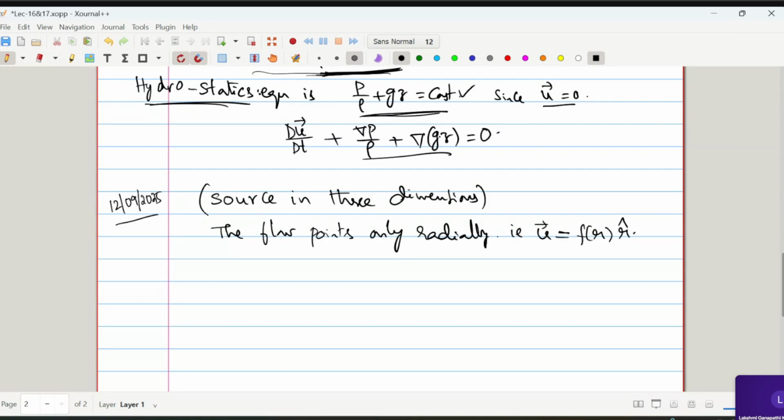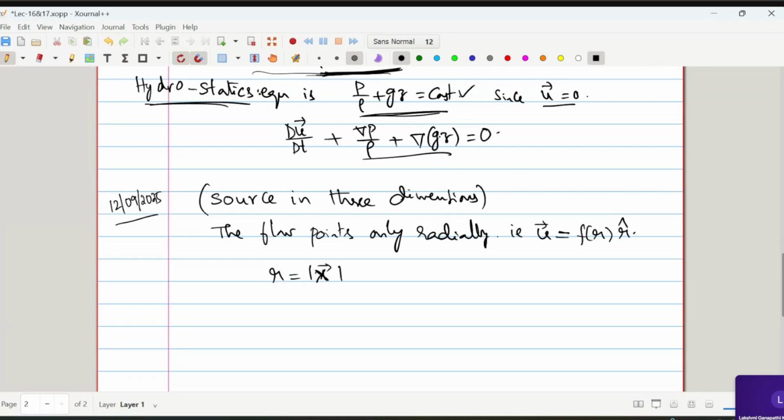The source we are considering is at the origin. Otherwise, if the source is at some other fixed point, you have to write f of mod x minus that point, where r equals mod x, and x is a vector.